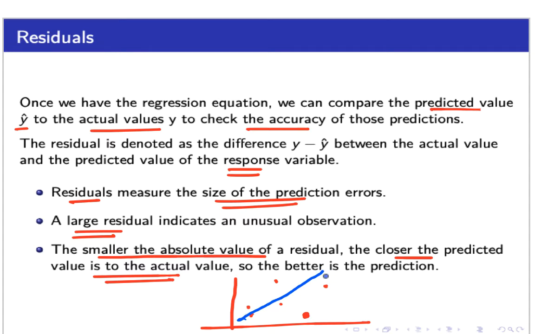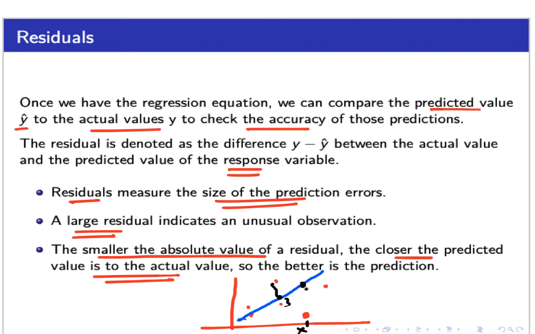The difference between the actual and the predicted value, so this one is the predicted value. The residual error for this point is big as compared to this. But look at this residual error. This is the predicted value if this is the x, the explanatory variable.